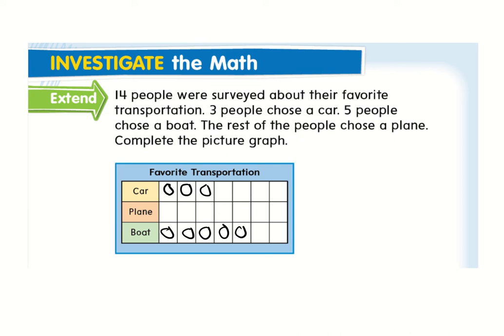So 5 plus 3. I need to figure out how many are for the boat and the car. That equals 8. Okay. So 8 plus something has to equal 14.